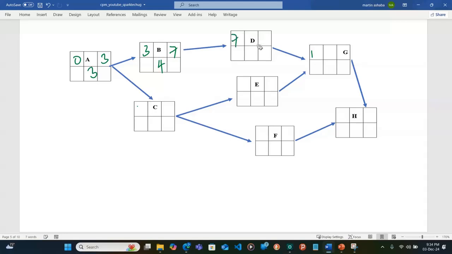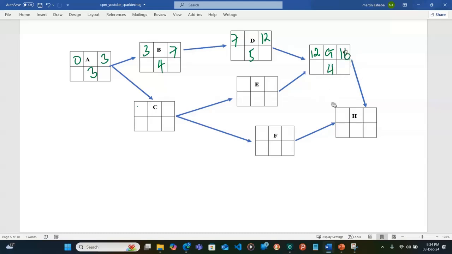This is also 7 because the earliest finish time for its predecessor is 7. So the earliest start time for activity D is 7. D takes 5 days, and therefore this is 12. Then this becomes 12 also, and this is G. For G, we are adding 4 days, so this becomes 16.